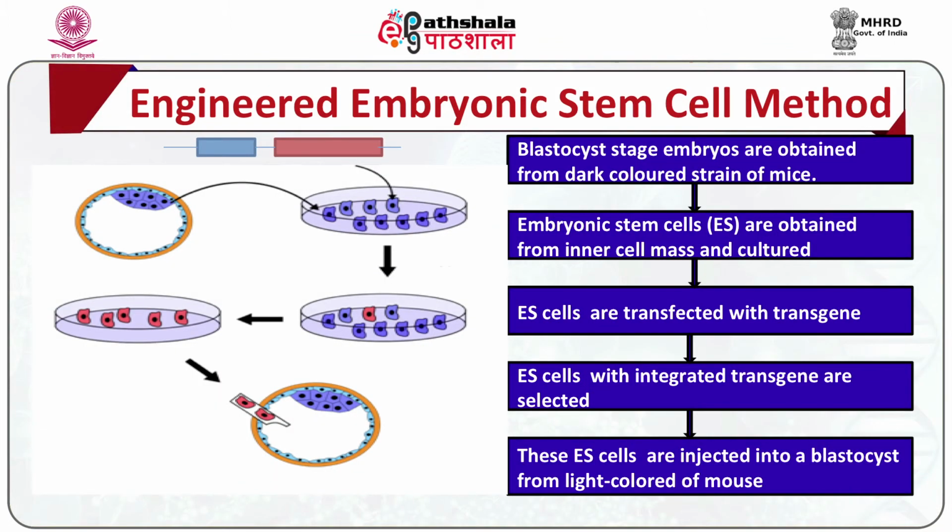The inner cell mass of the blastocyst is separated and grown in the culture media. The embryonic stem cells, which we also call ES cells, in the culture are transfected with transgenes carried on a DNA vector. The vector can be designed to integrate the transgene within a specific chromosome location.